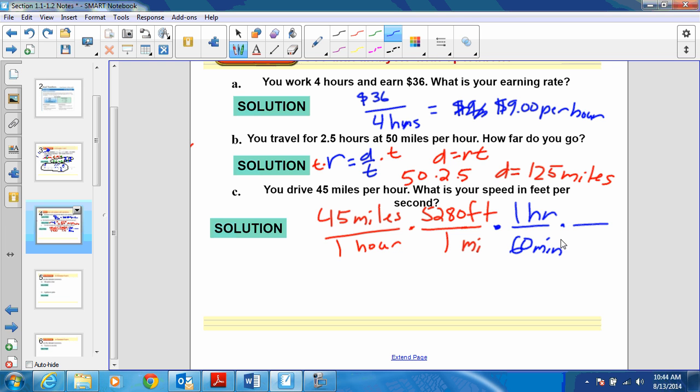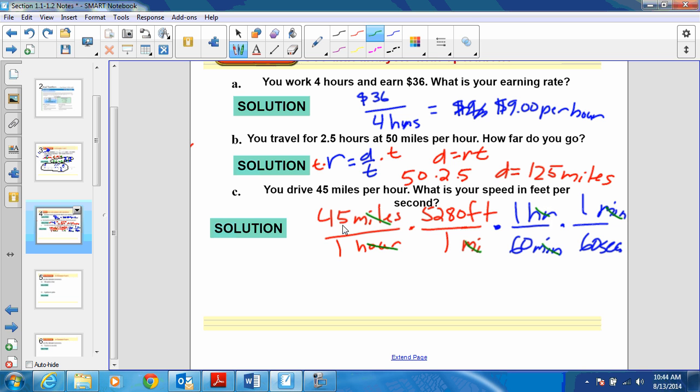Since minutes are on the bottom, we put minute on top, and 1 minute equals 60 seconds. Okay, so after this, the miles cancel out, the hours cancel out, the minutes cross out, and on the left we have feet per second. Okay, so that's how you change that.